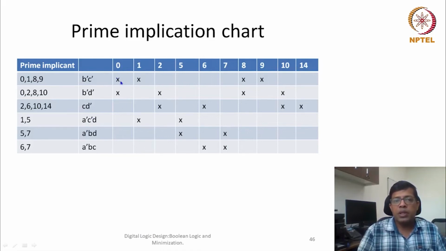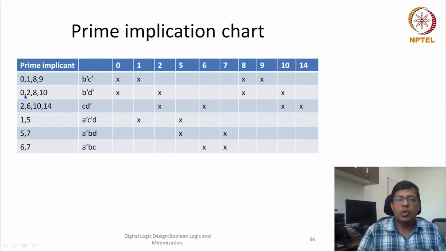For each min term present in a particular prime implicant, we mark a cross sign. For example, 0, 1, 8, 9 is a prime implicant, so we mark a cross for min terms 0, 1, 8, and 9.